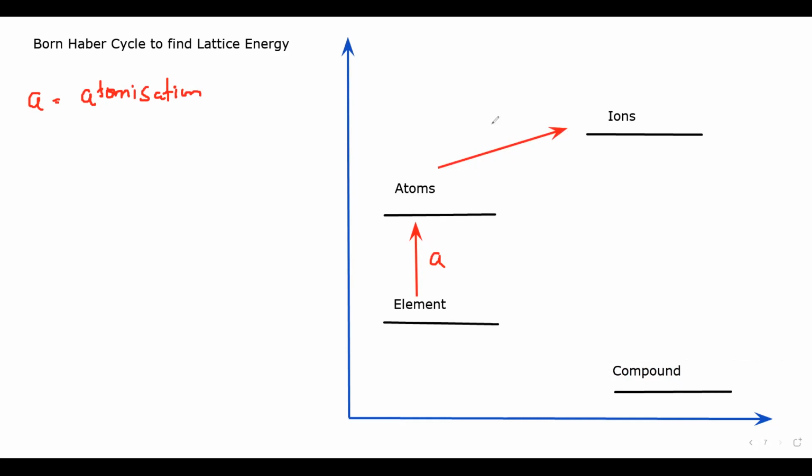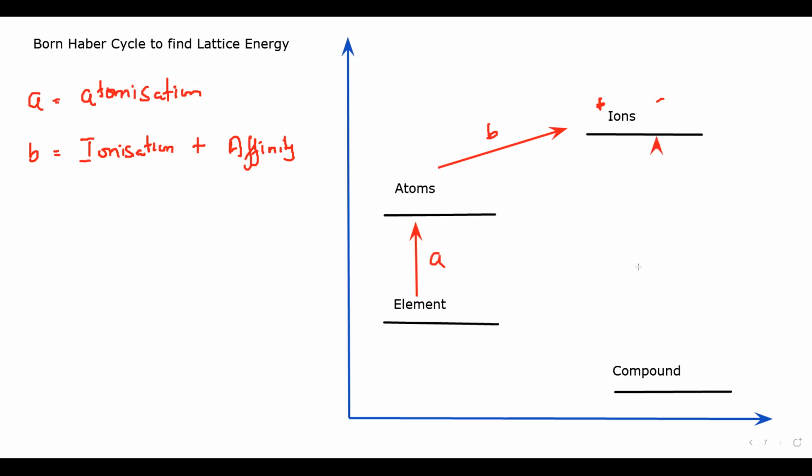If I label that as B, this is both, because ions can be positive or negative. When positive ions are formed, this is ionization. And when negative ions are formed, this is actually a sum of ionization and affinity. Negative ions are formed by gaining electrons, positive ions are formed by loss of electrons.